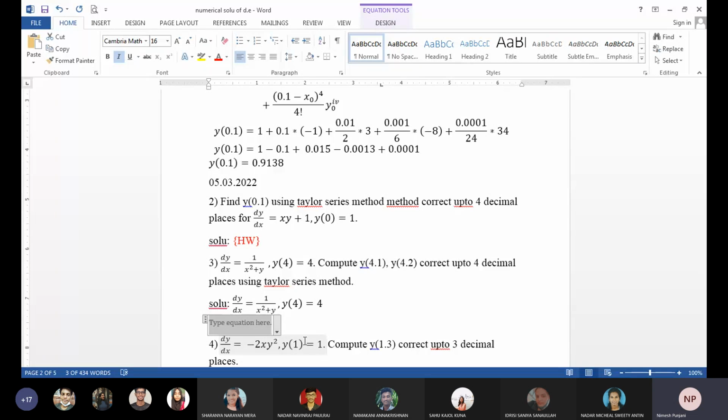We are supposed to find y of 4.1 and 4.2, correct up to 4 decimal places, using the Taylor series method. Correct up to 4 decimal places means we have to calculate up to the fourth order derivative.